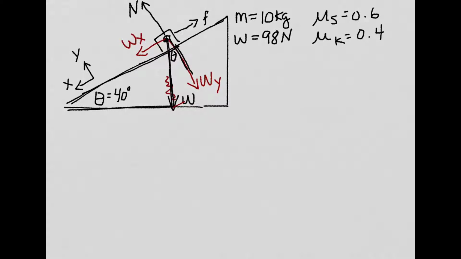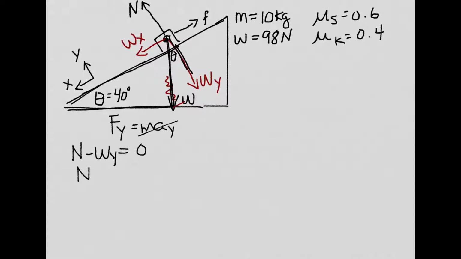So in the y direction, we're going to add up all the forces and see what happens. In this situation, the mass does not go up and down relative to the perpendicular to the ramp. So what are the forces there? It's N minus Wy equals 0 because there's no acceleration.